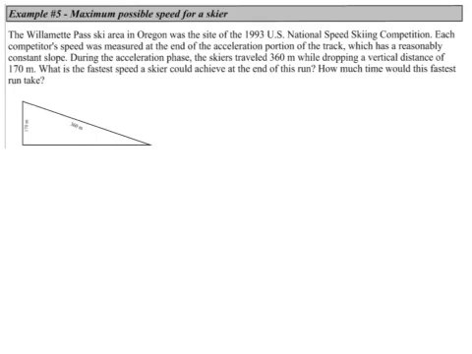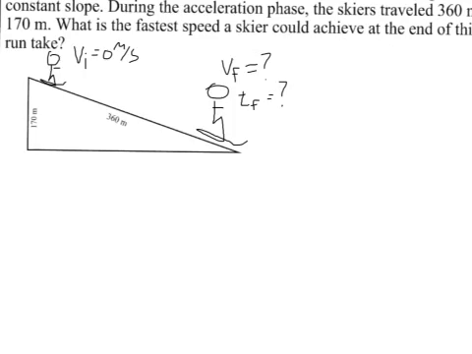We want to find the fastest speed a skier could achieve at the end of the run and how much time that would take. We start with zero initial velocity. We want to find out how fast they're going at the bottom of the ramp and how much time it takes.